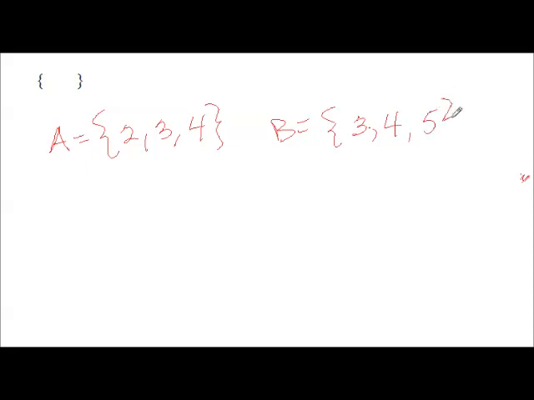We might want to be able to tell, like, let's make a set A, and make it be the set 2, 3, 4, and B be the set 3, 4, 5. Then we could say, what's A union B? Union would mean add everybody together.